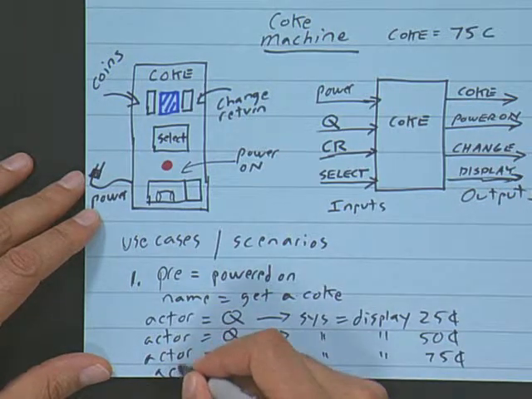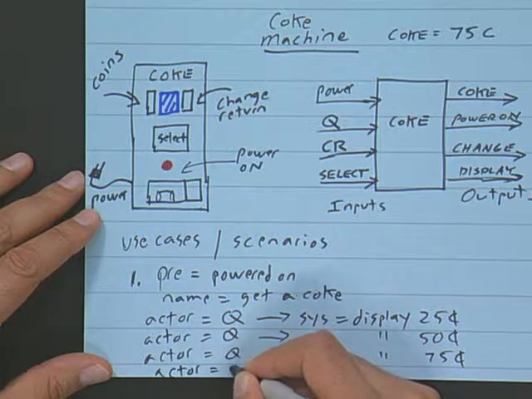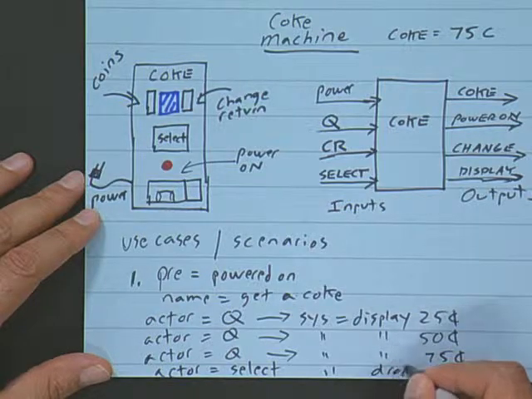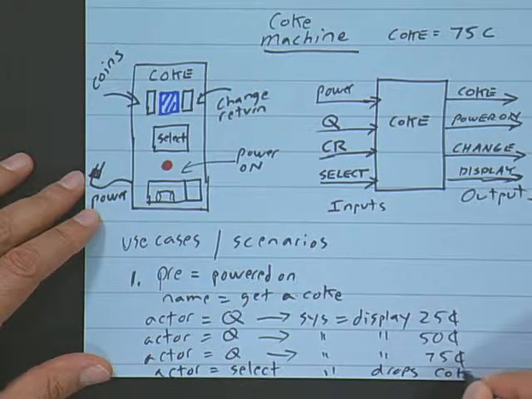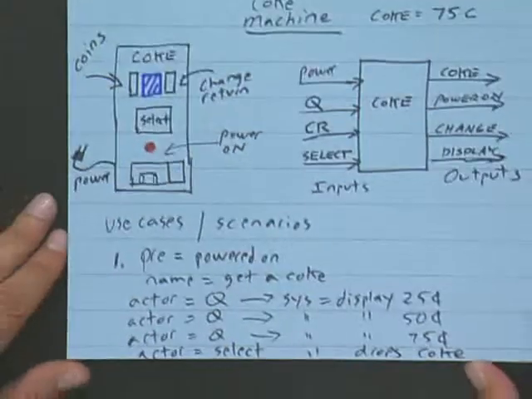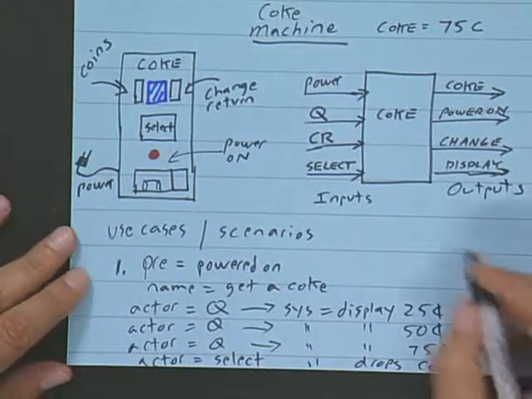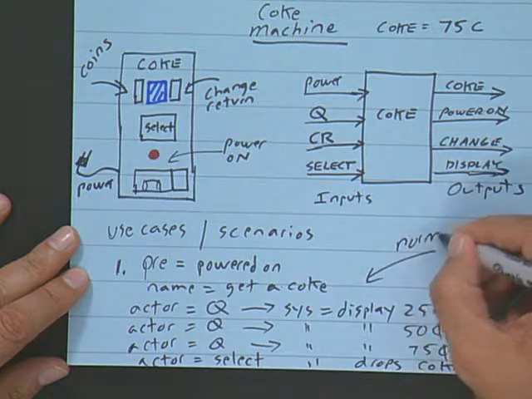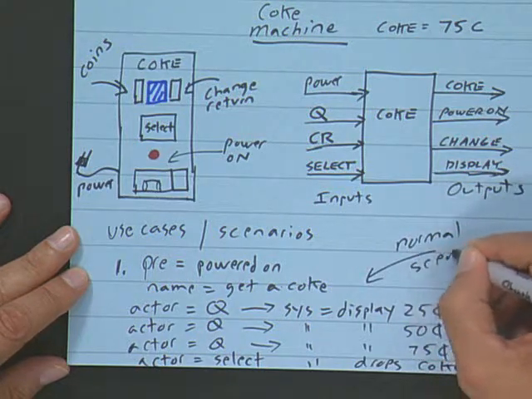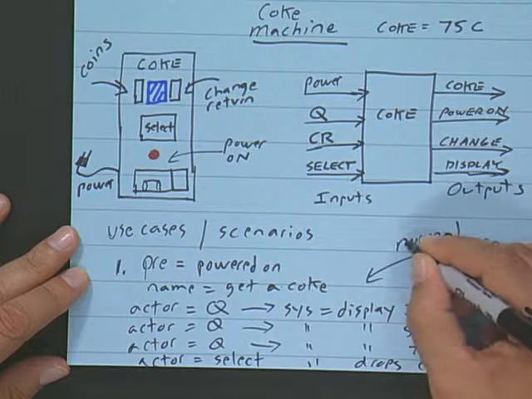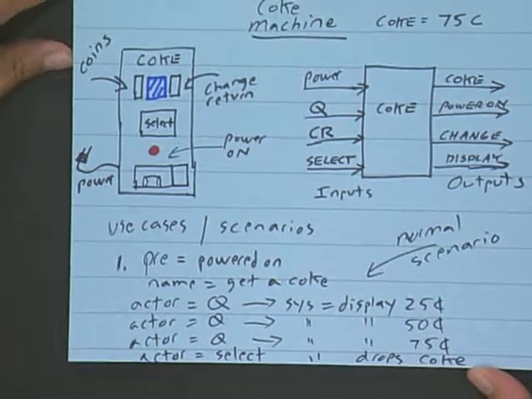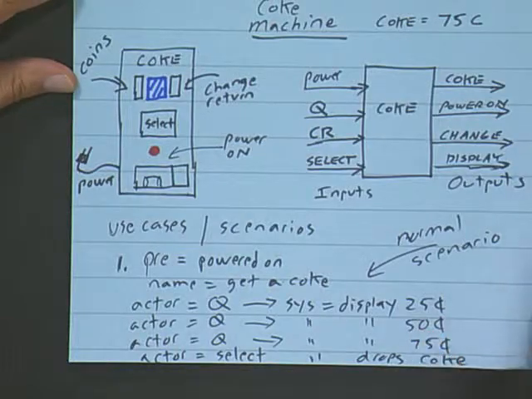And then the actor hits select, giving my Coke, and the system drops the Coke. So let's say that's one scenario, right? We'll call this a kind of a normal scenario, based on the work we did with scenarios in the previous class. Okay.